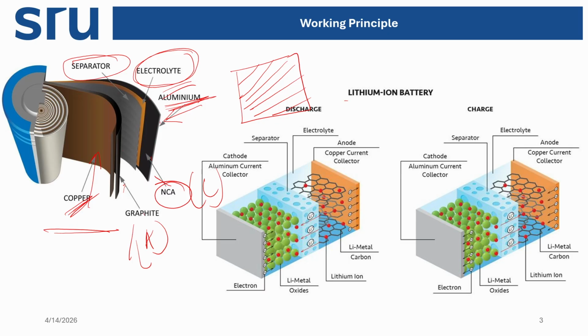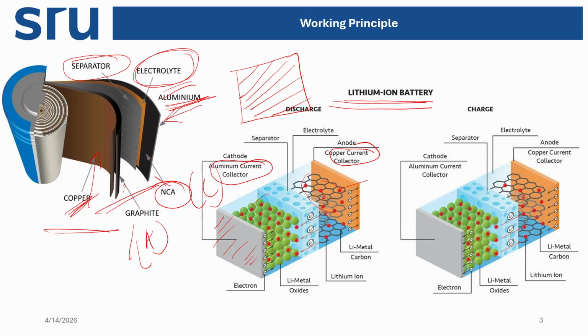Now let's see how the lithium-ion battery principle works. Compare this structure here. This is the copper current collector, and here is the aluminum current collector. On one, this material called graphite is coated, and on the other, this NCA material, a lithium metal oxide, is coated.